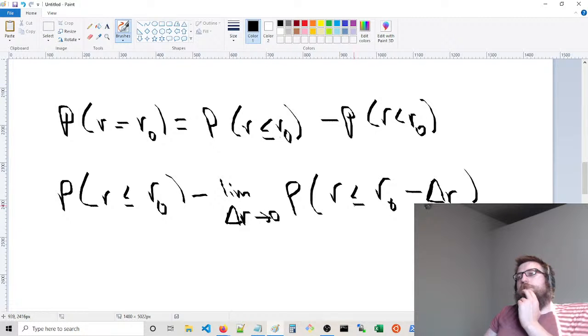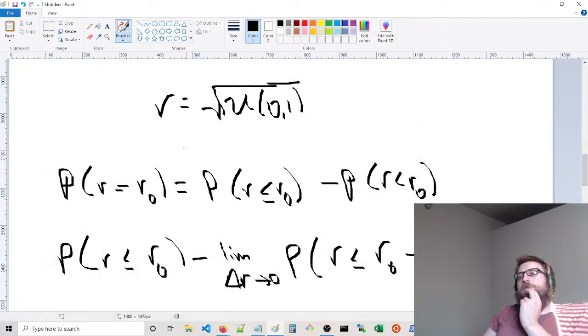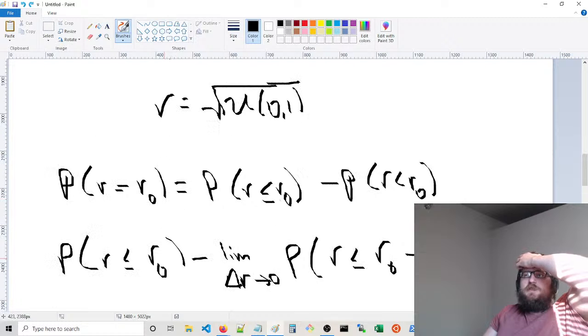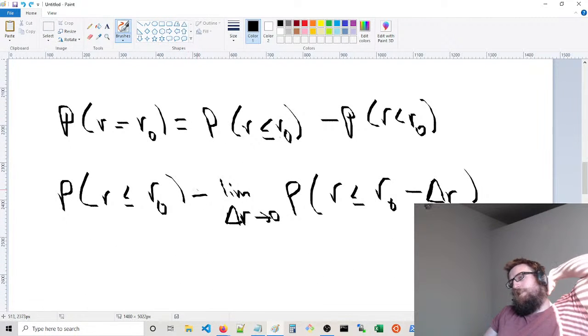Yeah, something like this, which is basically 0, actually, not exactly 0. This is a kind of integral, or I want to say this is like the derivative of the cumulative function. The cumulative function is like some kind of integral, so this has got to be some kind of derivative.